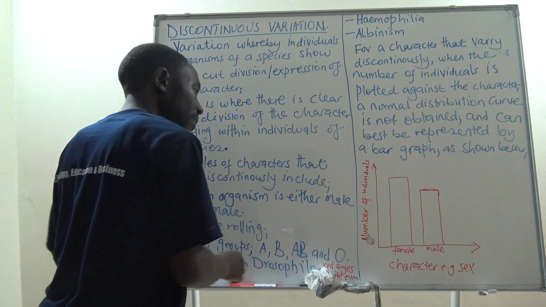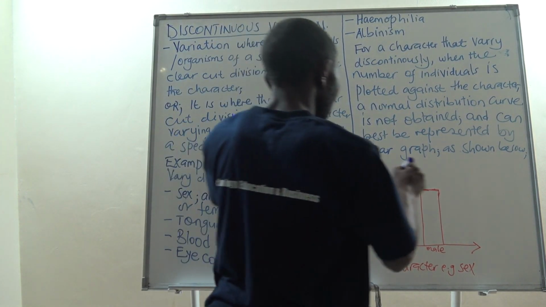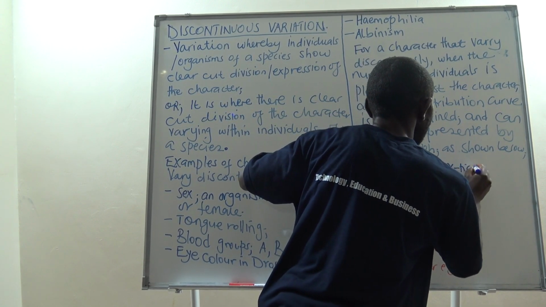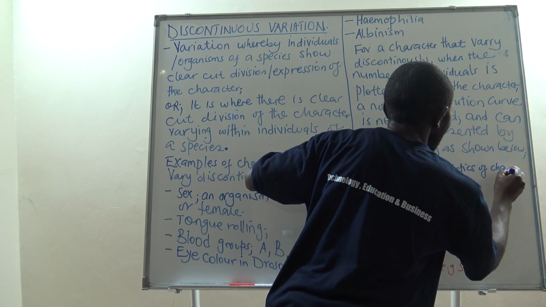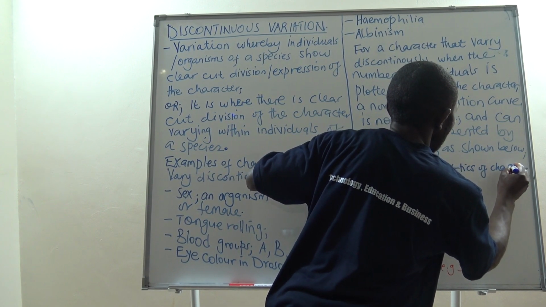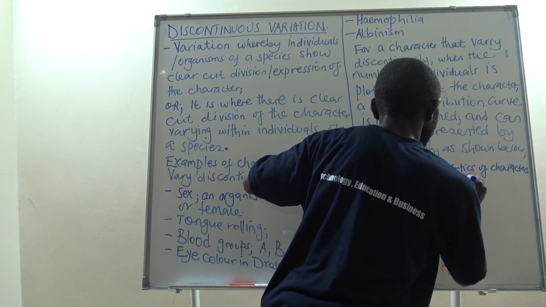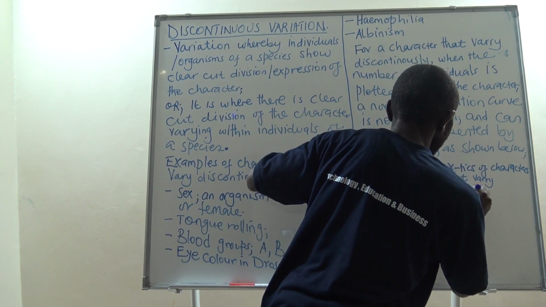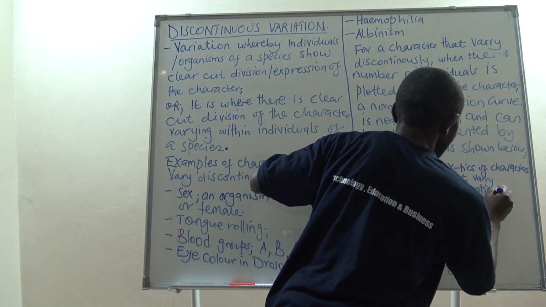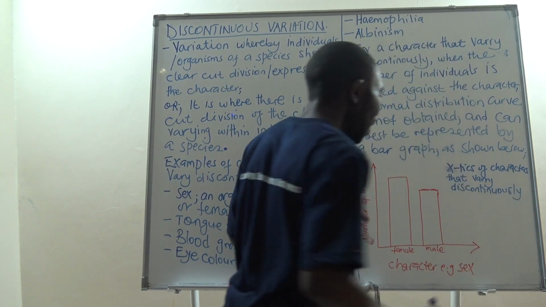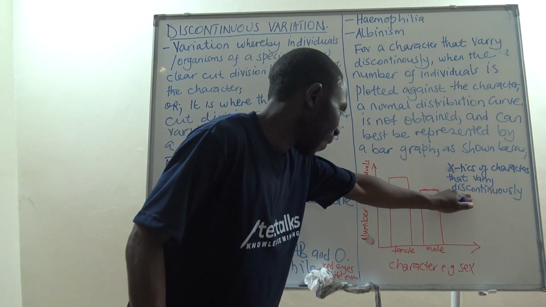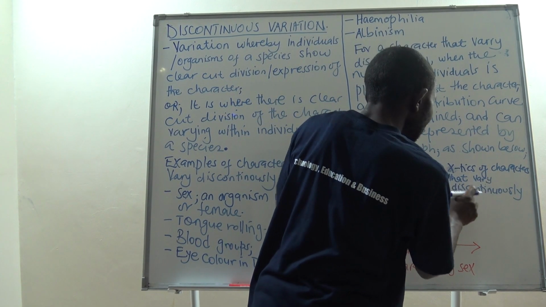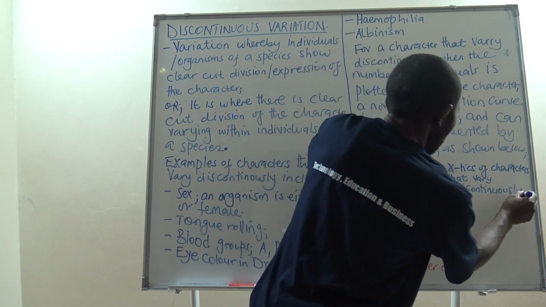Then finally, characteristics of characters that vary discontinuously. So what are they?